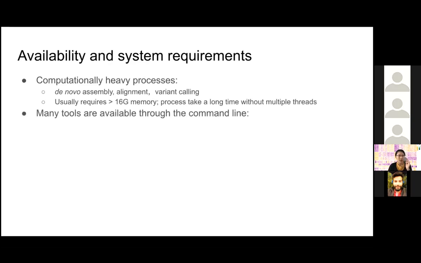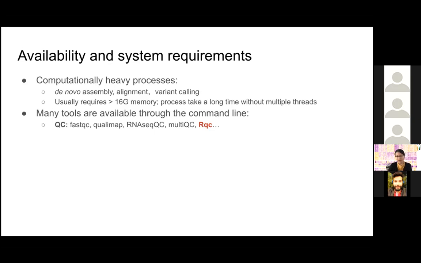So the most common computational platform, I would say, for NGS analysis would be the command line or the shell, the bash, or whatever language you use. So a lot of the tools are available through the command line.